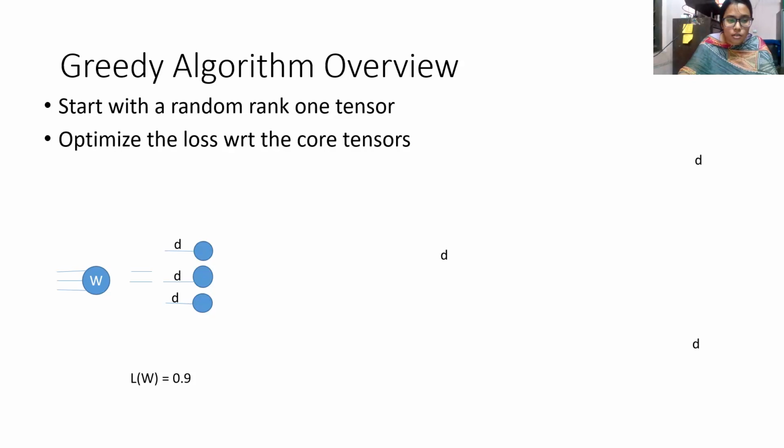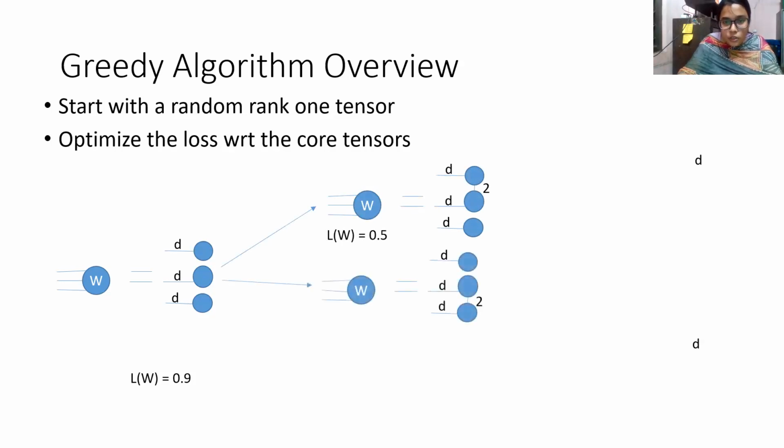Let's say the loss function is 0.9. Then we connect two nodes together. As you can see, in the first perceptron two nodes are connected, and the loss function is 0.5.